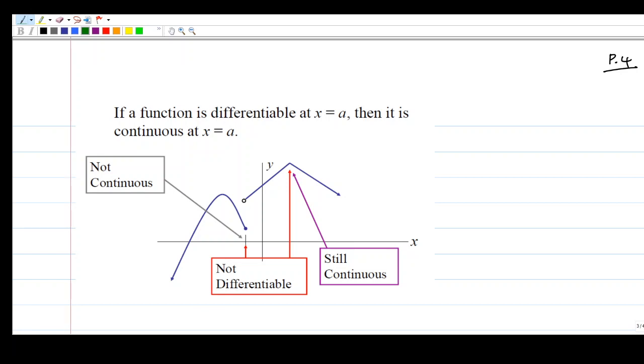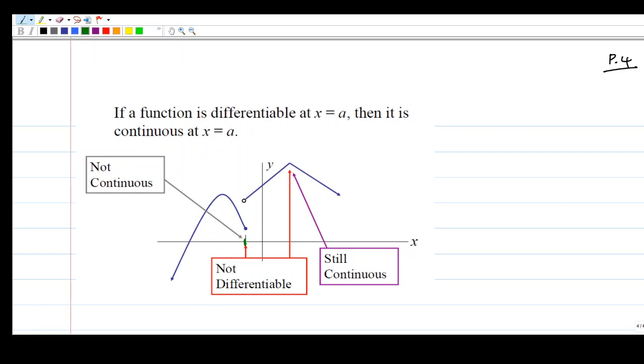Now, if you look at the graph of the function that's indicated in blue, you've got to the left of the y-axis, at this value of x, you can see the function is not continuous at that value of x.